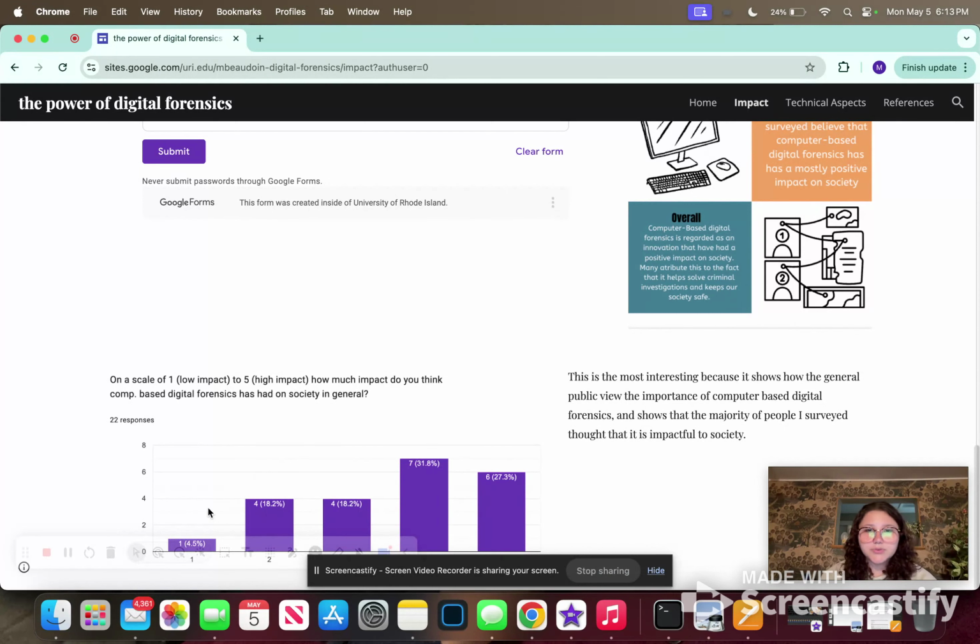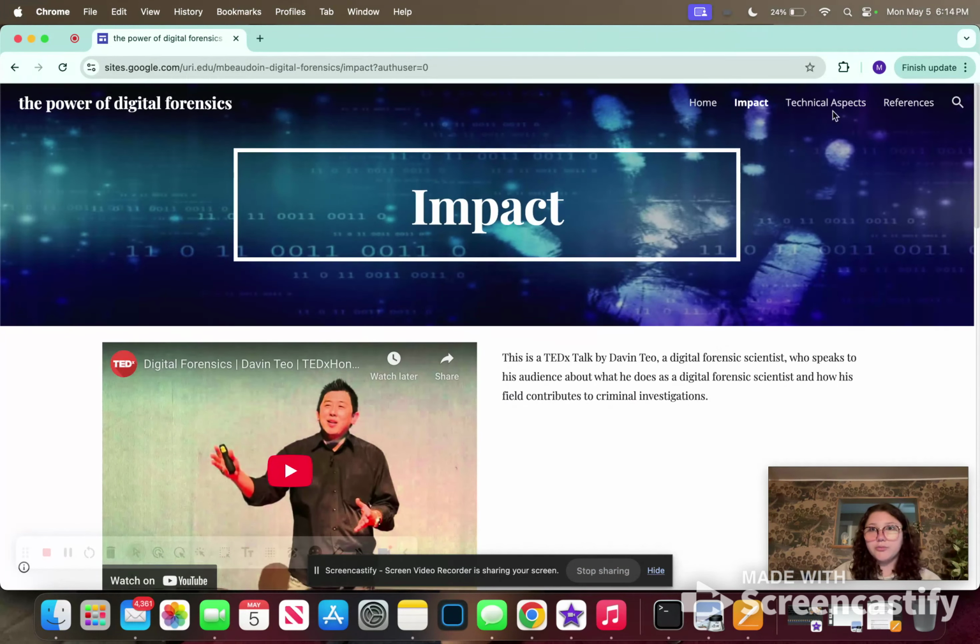Based on everyone's responses, I found that a lot of people thought that it was very impactful. And it was important for me to see how the general public views computer-based digital forensics. Since I myself am a criminology major, I obviously feel like it's very important, but a lot of people don't have the background knowledge that I do. So it was important to me to find out what other people thought.